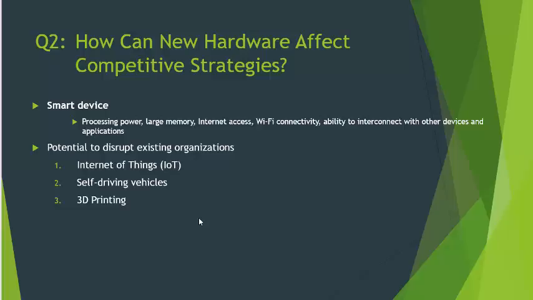I heard, I think Under Armour was thinking about putting certain types of chips and sensors into their shoes so that it would automatically track when you started running. You wouldn't have to open up your watch and do a lot of programming to get that going. So those sorts of devices, the Internet of Things, now, they might be disruptive to the organization in terms of how the organization is doing things.